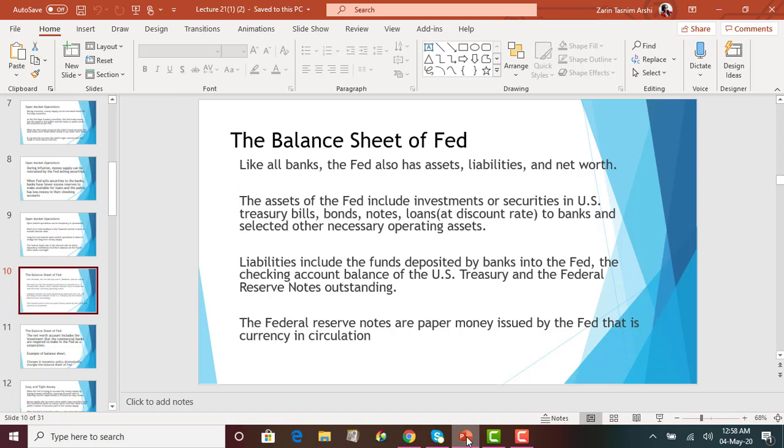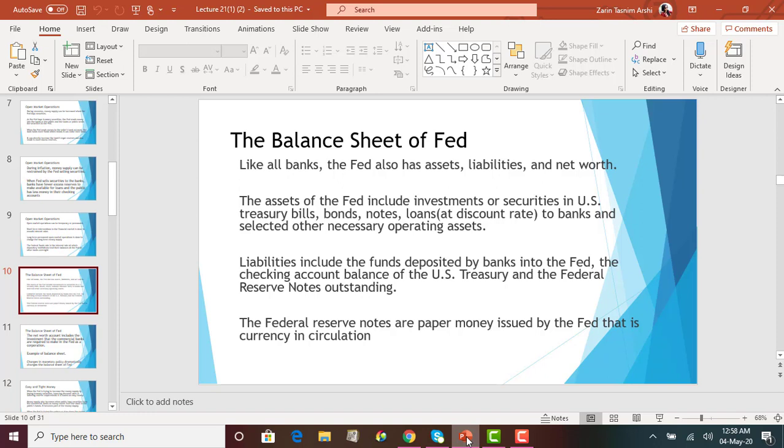Also, if they give loans to the banks, that's an asset, because the banks have to pay it back to the Fed. It is a liability for the commercial banks, but for the Fed it is an asset, because the banks have to pay it back. And the other thing, if they own any type of equipment or building, these are listed as assets for the Fed.